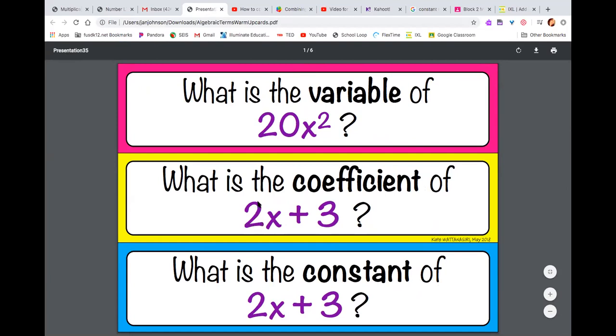But now we're learning that this number has a name, and it is called coefficient. Now what happens when we have lots of coefficients or multiple variables? How do we simplify that? There is a phrase for that, we call it combining like terms.